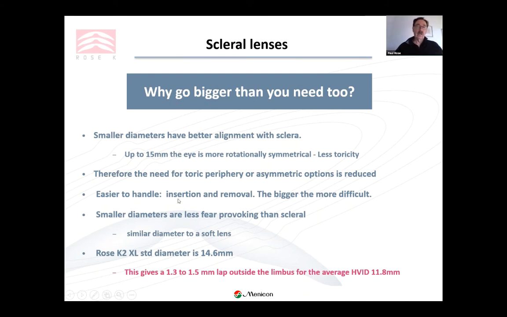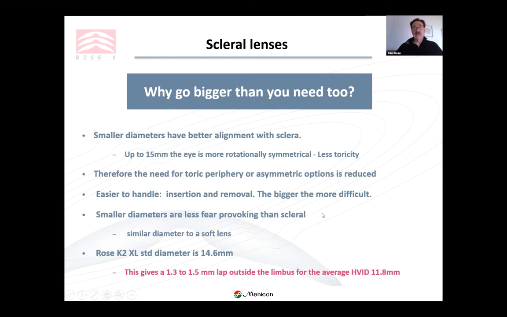In a study that I did on XL with about 150 cases, about 10% had significant problems on insertion and removal, and about 5% completely gave up on XL because they just couldn't handle them. So it is a factor you have to consider.